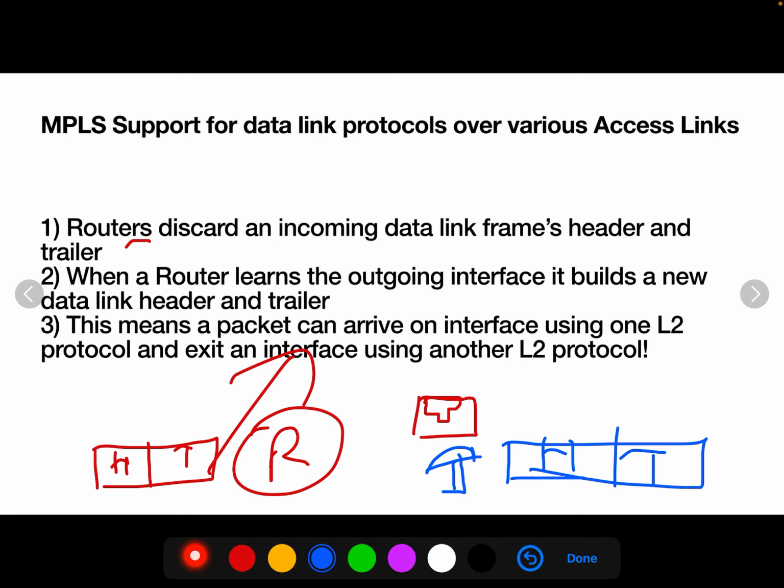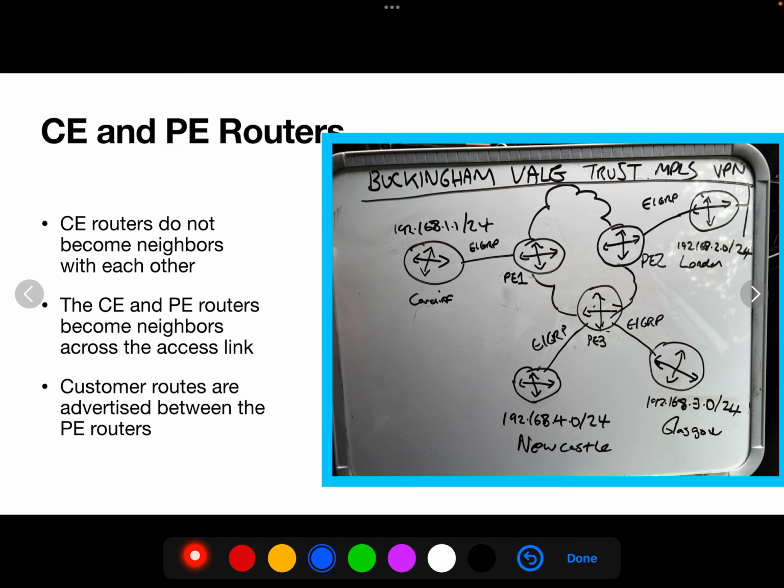So this means a packet can arrive on an interface using one layer 2 protocol, let's say token ring, and exit an interface using another layer 2 protocol, I'll say frame relay. Now let's look at CE and PE routers.